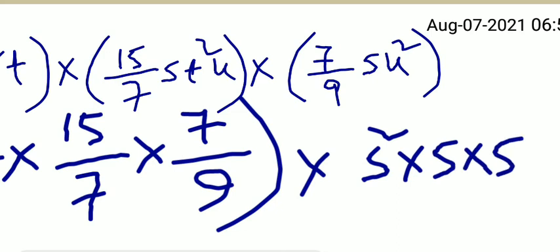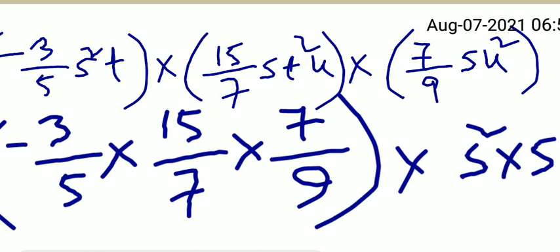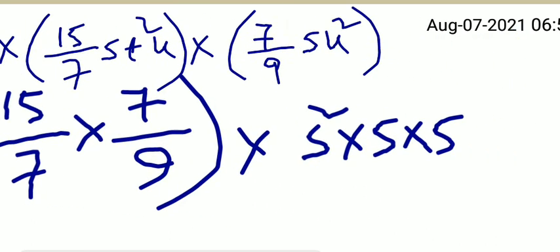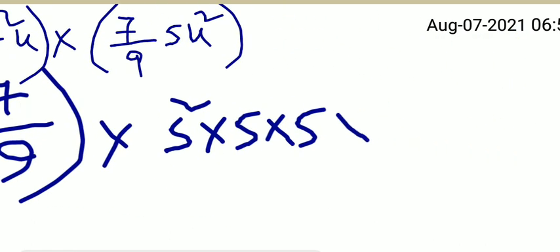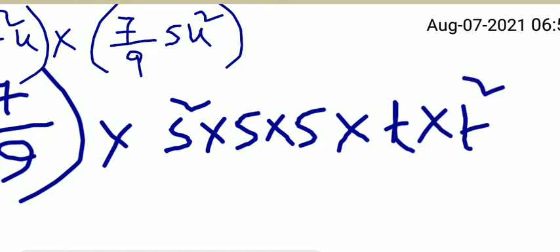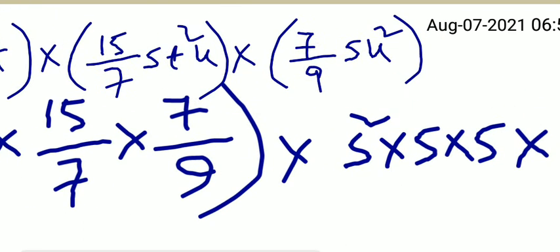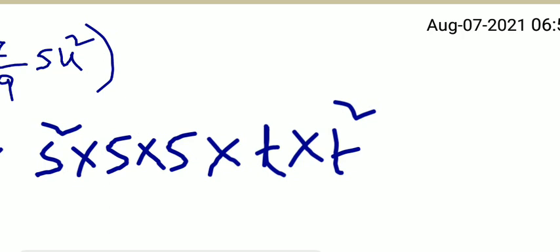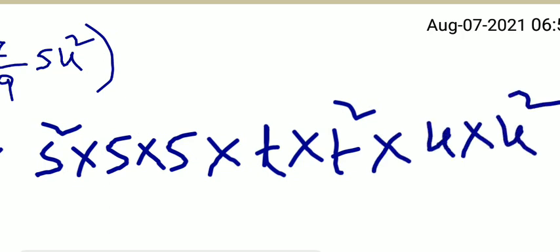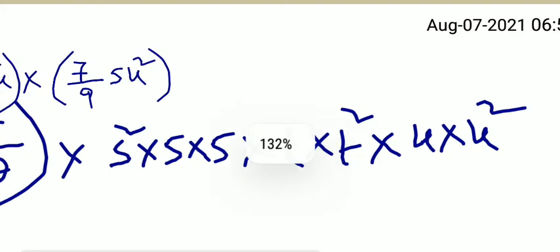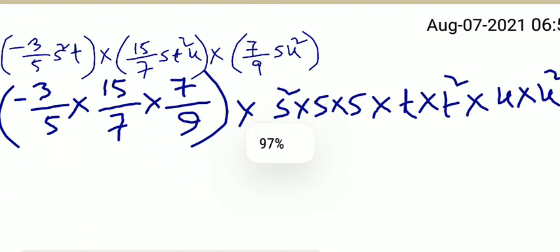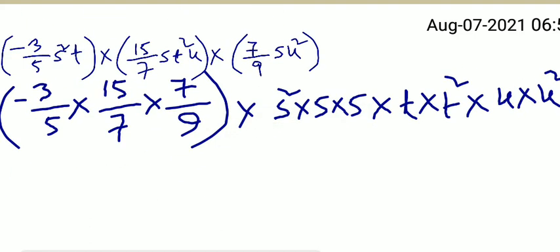The variable s write side by side, then write the variable t into t square, then write the variable u into u square. Like this you have to write.